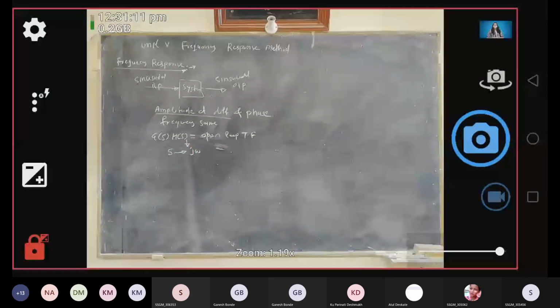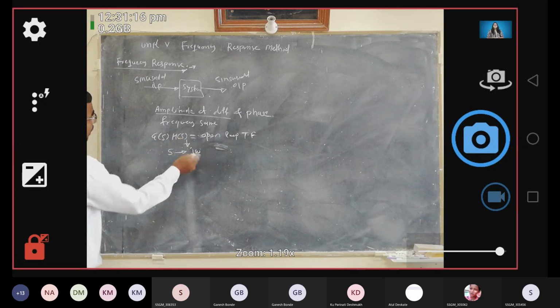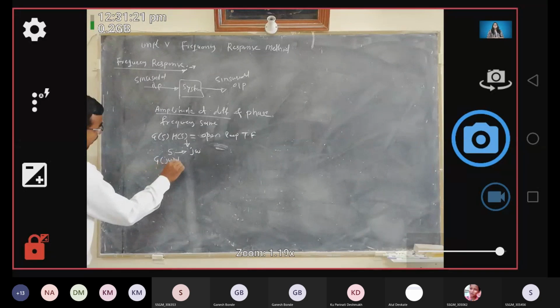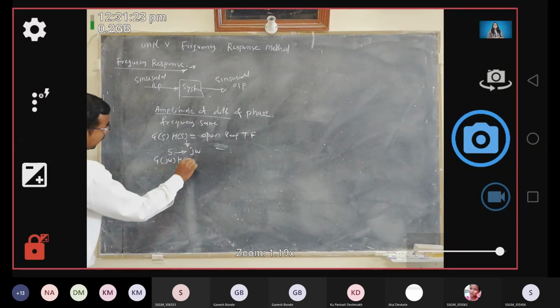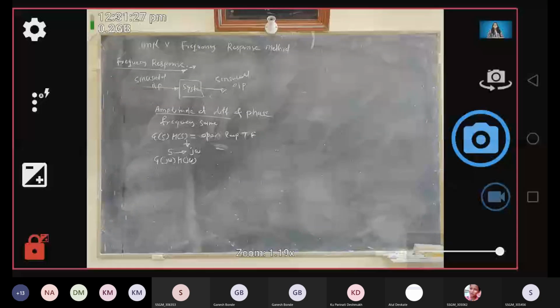So s is replaced by j omega, and we get G(j omega)H(j omega). Now your system is converted into the frequency domain.